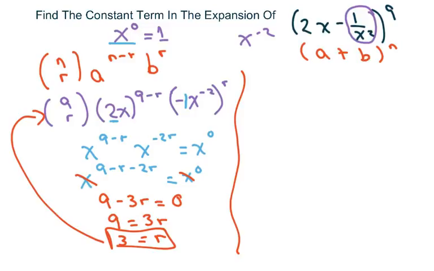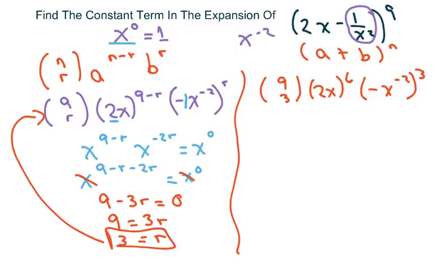So basically we have 9 choose 3, 2x to the 9 minus 3, which is 6, and then we have negative x to the negative 2, to the r, which is 3. Okay, so 9 choose 3, I think I already did that one.